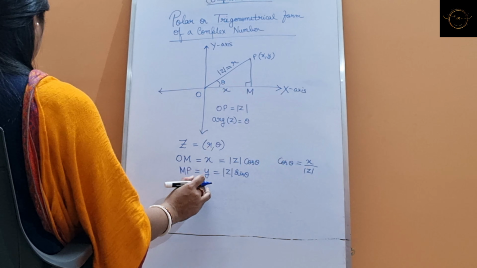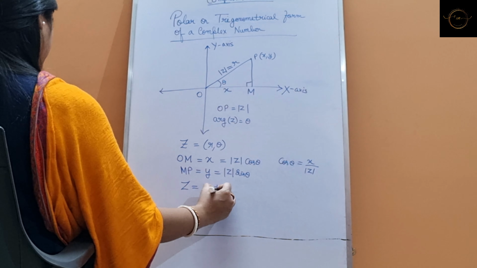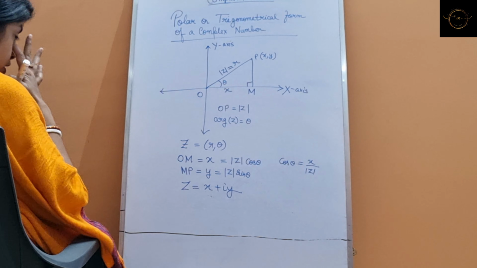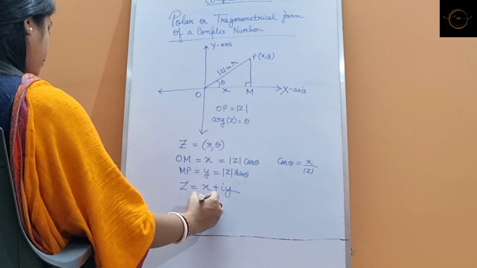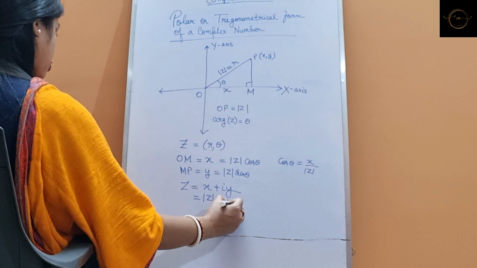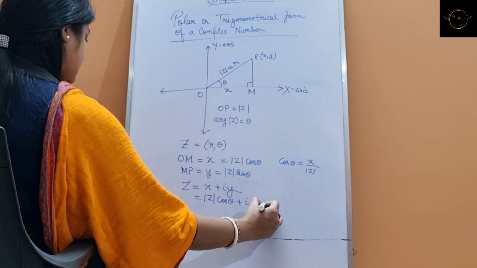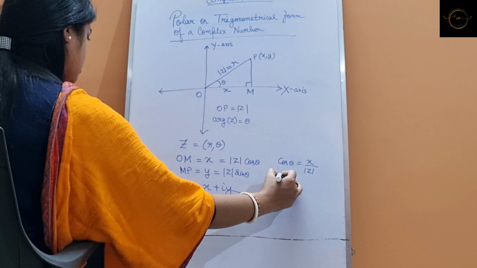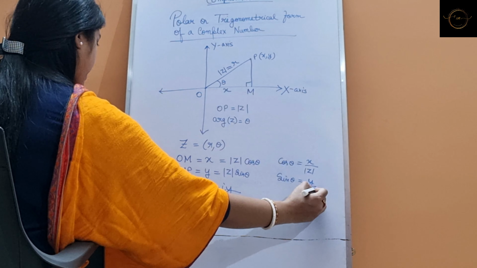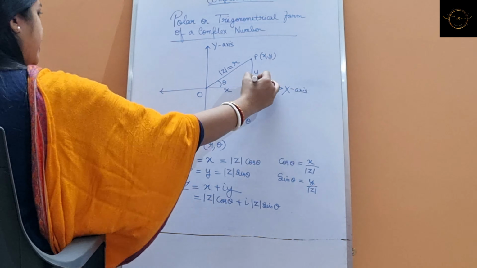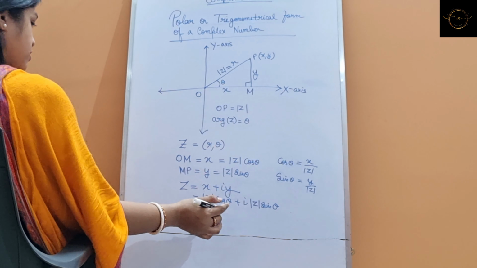So now if you put the values over here, what will we get? We know the main form of a complex number is z equal to x plus iy. Putting the values, we get mod z cos theta plus i into mod z sin theta, because from the trigonometrical ratio, sin theta is equal to y by mod z and cos theta is x by mod z.